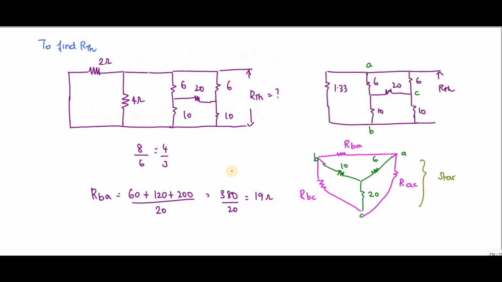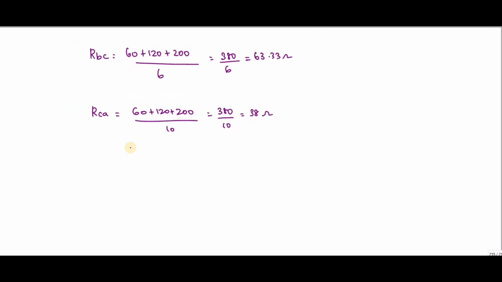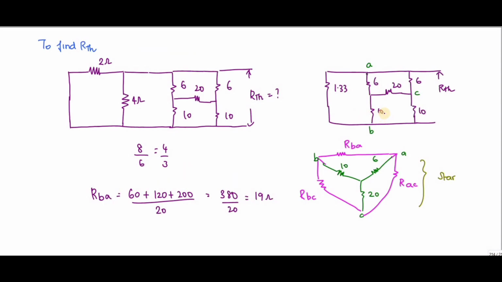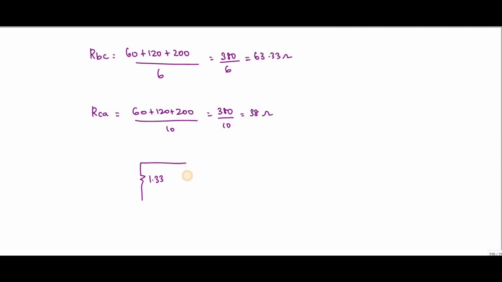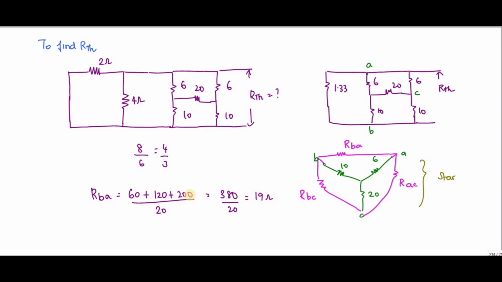So I'm going to replace this entire circuit with 1.33. Between A and B, you have RBA, and the value of RBA is 19.